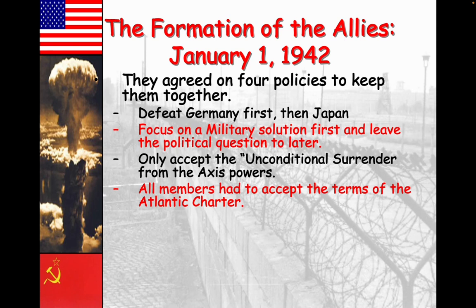In 1942, Nazi Germany invaded the Soviet Union, and the Soviet Union joined the Allies and agreed to these terms, meaning that the Soviet Union agreed to allow areas that they liberated their own self-determination.